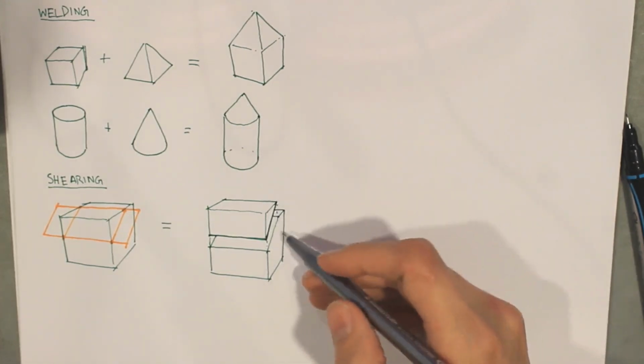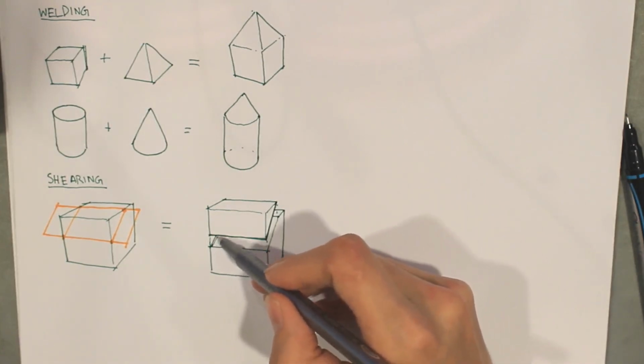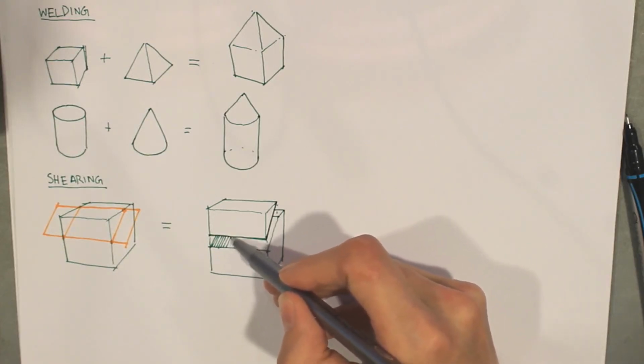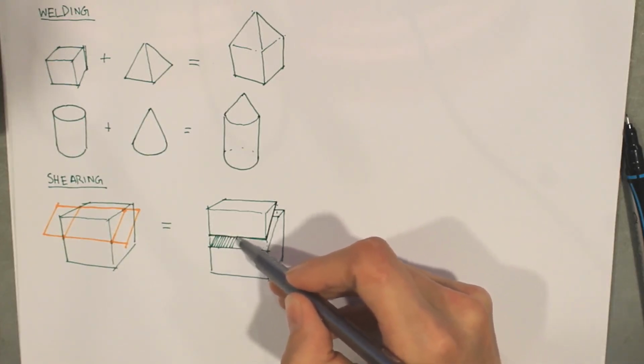Now I'm just increasing the line weight of that one that's in front. And what I just did there is called an exploded view. And that's when you pull one piece out in perspective.